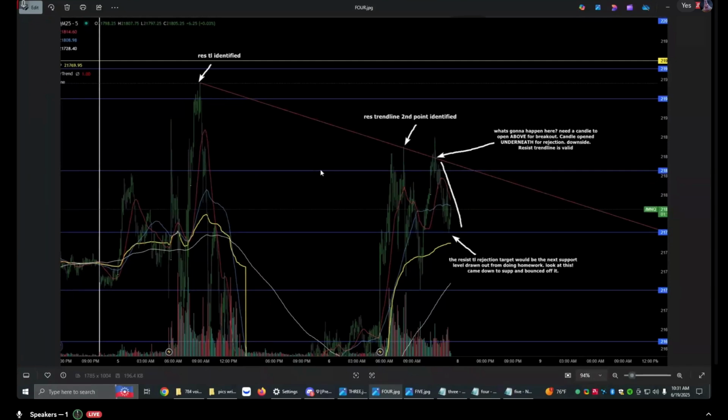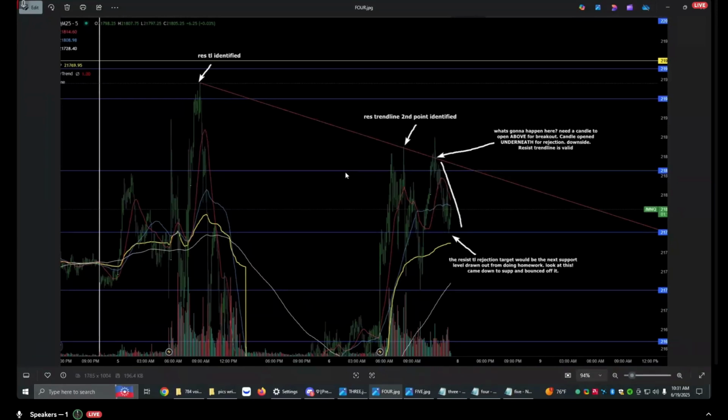So this I probably had from the night before when I was doing homework, and it looks like it got kind of invalidated multiple times throughout the day. So these are lines that I get at like 8 p.m. my time, and then the next day, I just kind of watch and see if it's still valid or if I need to delete it.